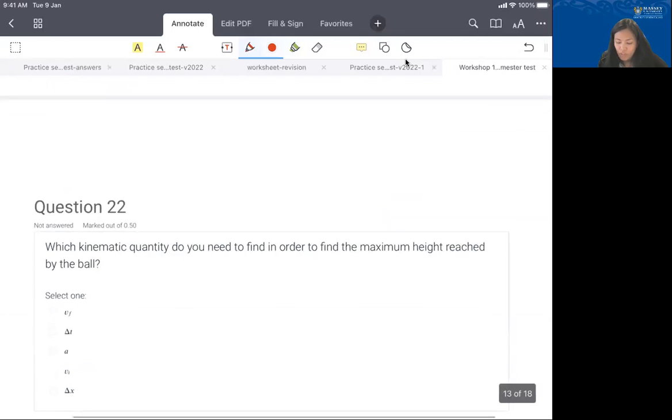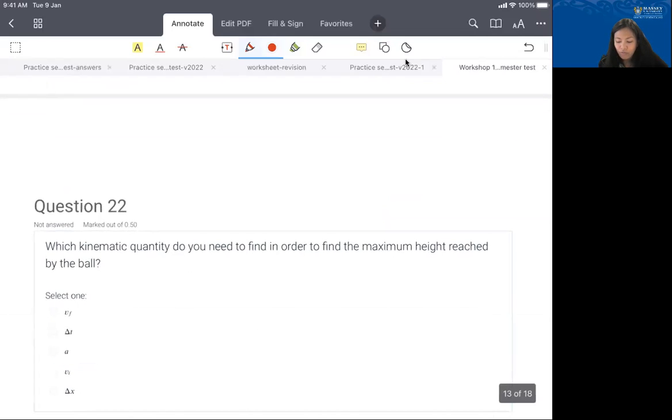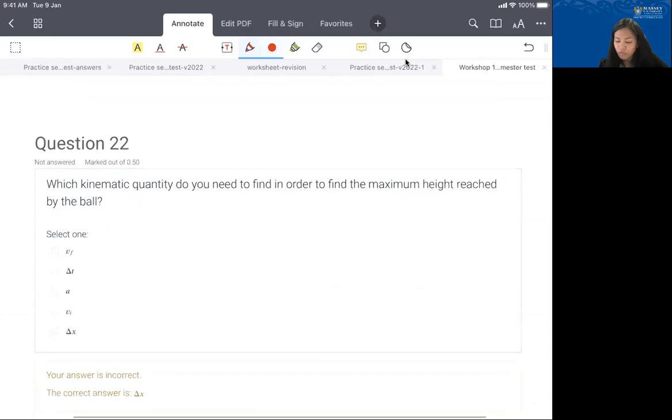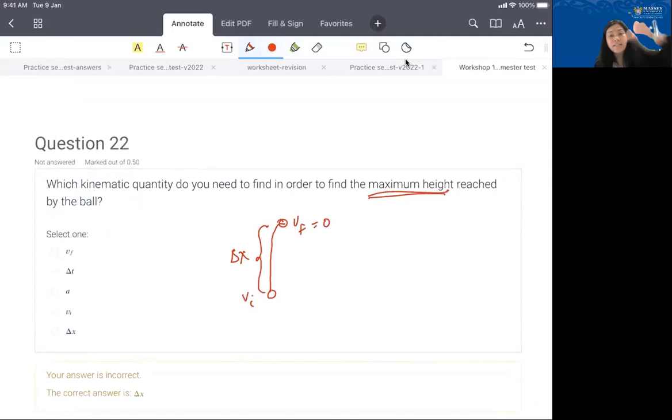Which kinematic quantity do you need to find in order to find the maximum height? Maximum height is equivalent to the displacement. So maximum height, it's the distance that's traveled by the ball.